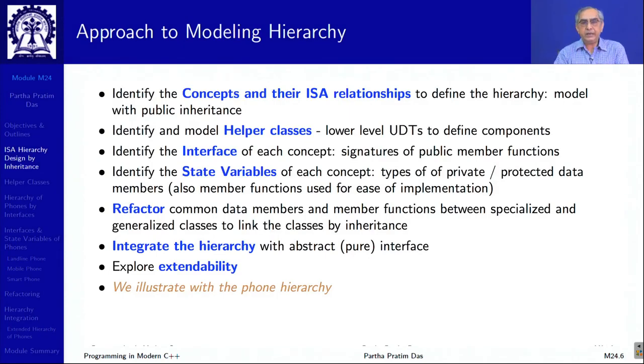There is no very strict process to do the modeling and implementation of the hierarchy using inheritance in C++, but I have tried to highlight a kind of flow that you can adopt for your cases whenever you need to do that. So, I am calling this a kind of overall approach to modeling hierarchy.